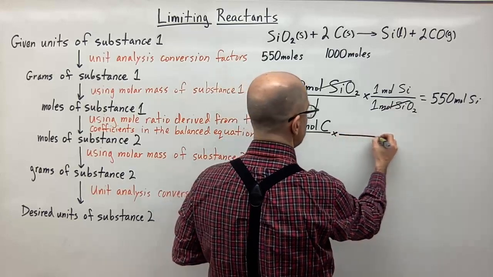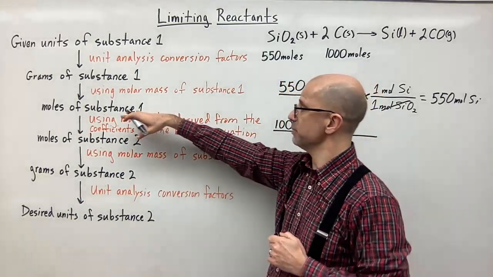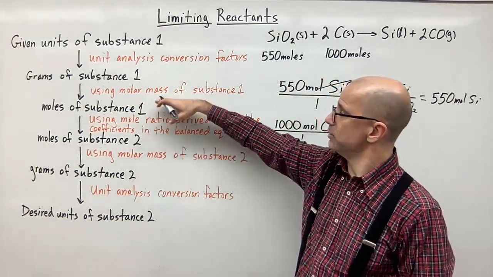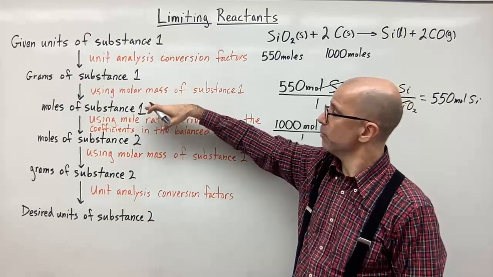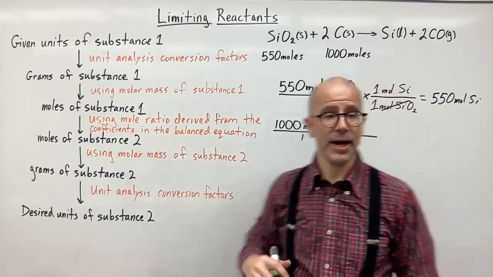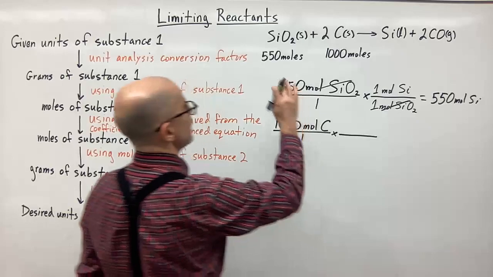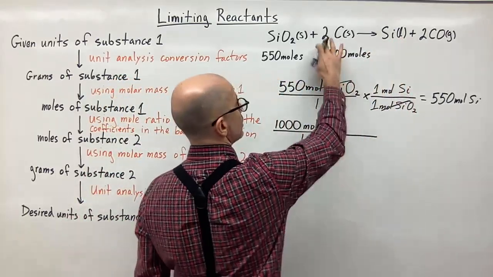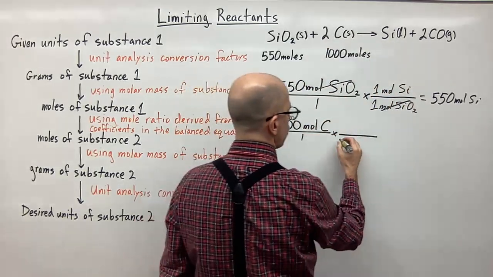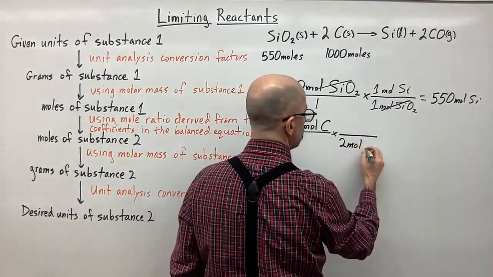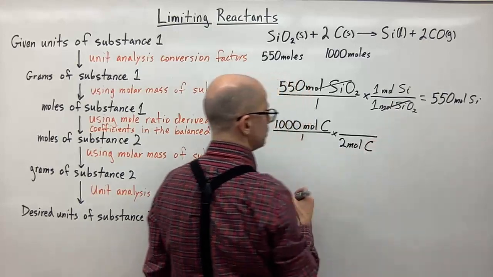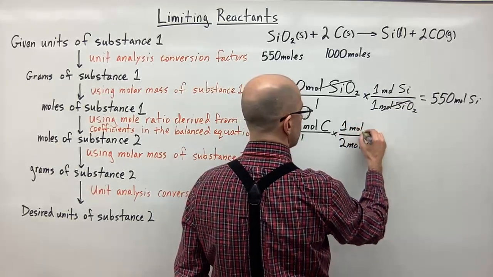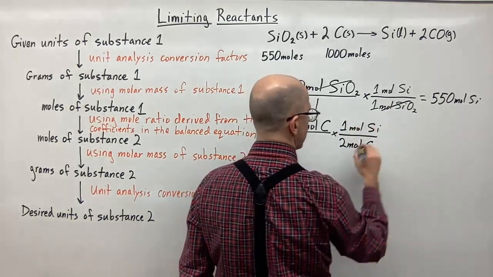And again, because carbon is my substance 1 and I have moles already, all I need to do is use the mole ratio to convert moles of carbon to moles of Si. In this case, I have 2 moles of carbon to 1 mole of Si, so the 2-to-1 mole ratio. So 2 moles of carbon on the bottom and 1 mole of Si on top.